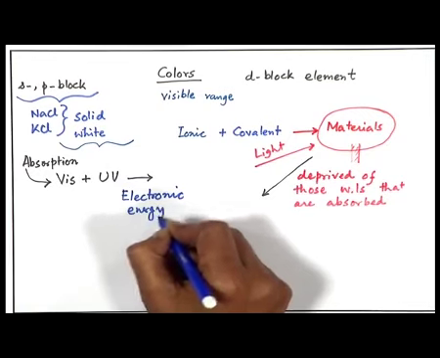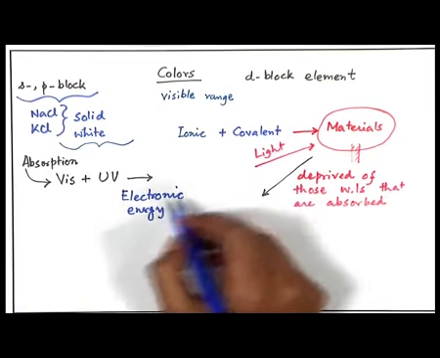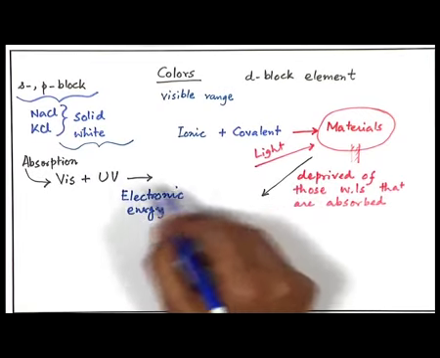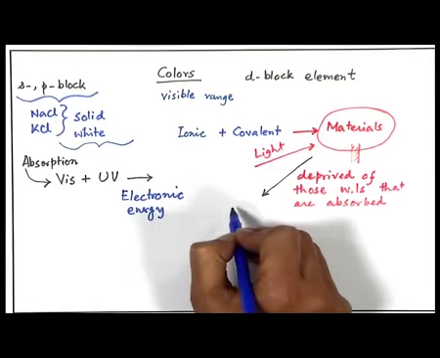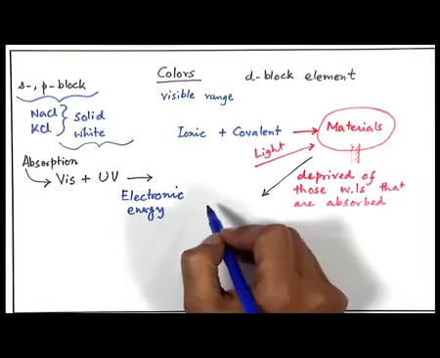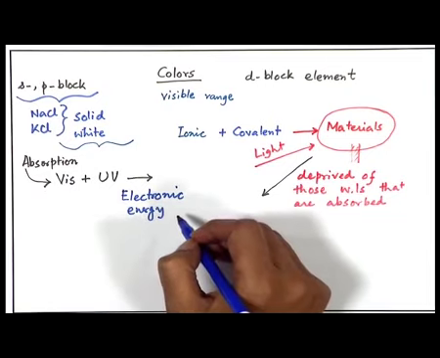We will be focusing our attention on the changes in the electronic energy, not due to bond vibration or the rotation of the molecule. This we are not talking about.